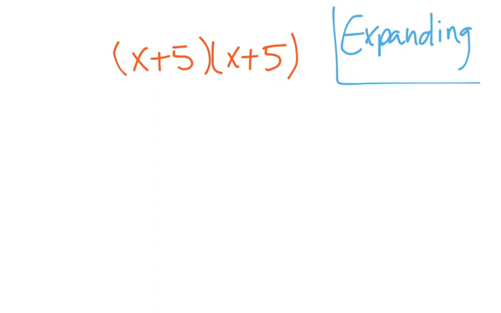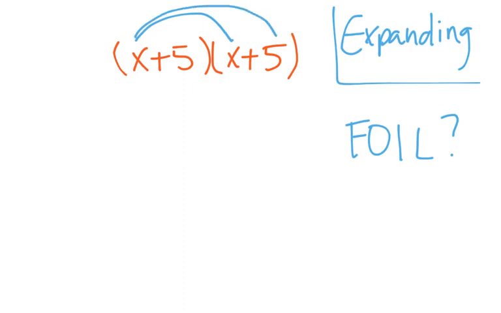How do I expand those to make it into a quadratic again? Well, remember FOIL: first, outer, inner, last. So I multiply first, then outer, then inner, and then last. If I multiply first together, I'm getting x times x, which is x squared. Then outer is x times 5, so that's a 5x.